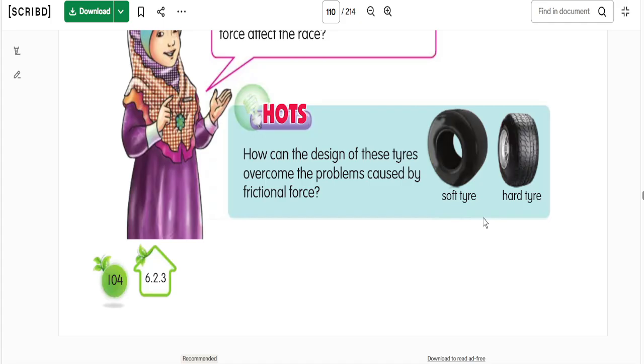If the tires are very smooth, wouldn't the vehicle slip and you wouldn't be able to control it, right? Because there should be some friction so that it does not slip over slippery smooth surfaces. Are you getting me?